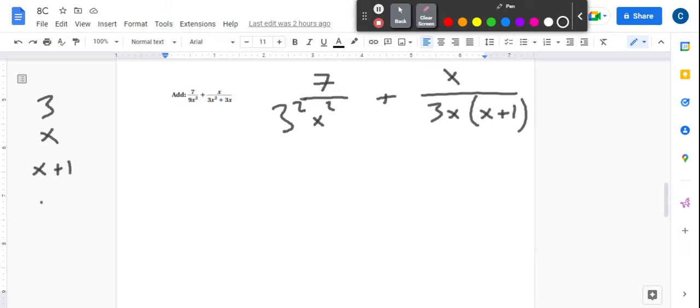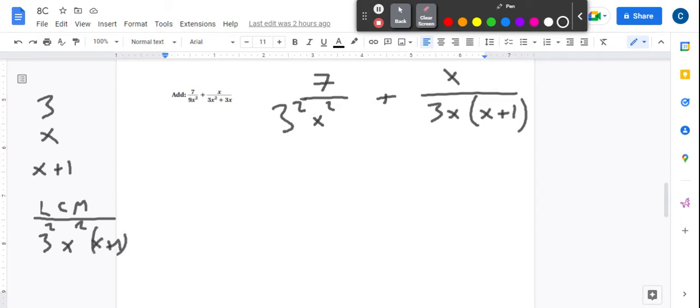So our least common multiple: how many 3's do we have? We have two here and one there, so two takes precedence. So we have 3 squared. How many x's do we have? We have x squared here, one x there, so x squared takes precedence. And then we have one x plus 1 there, none here, so we have x plus 1.